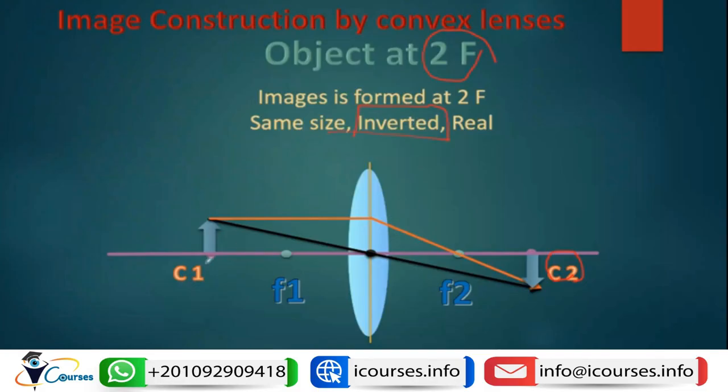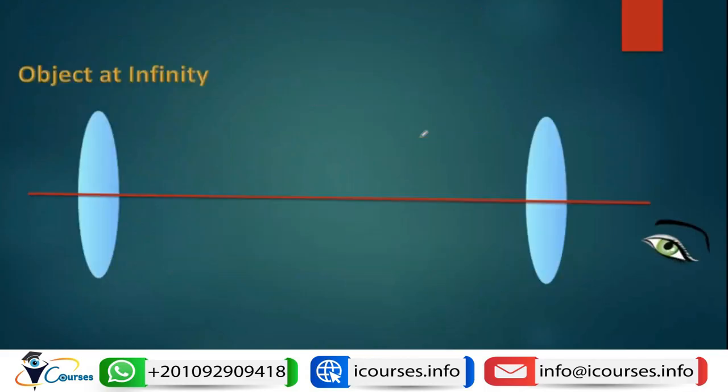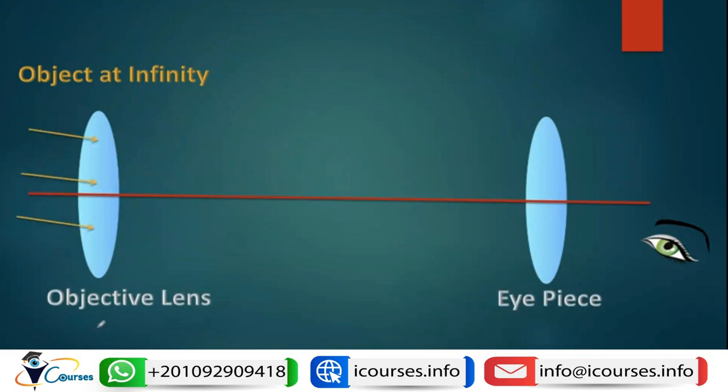So if we place an object at the double f of a lens, then it will produce an image again at double f, but it will be inverted. So let's use this principle in the terrestrial telescope. If we have the object at infinity, and this is an objective lens, and this is the eyepiece, light rays will enter parallel, then they will meet at the focus.